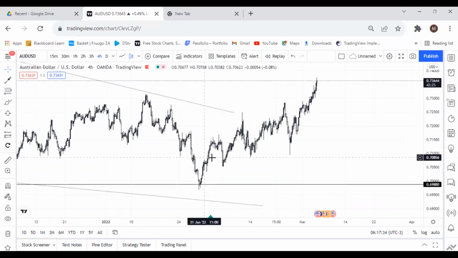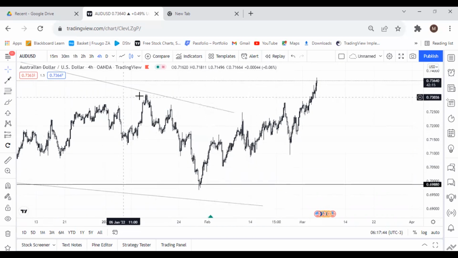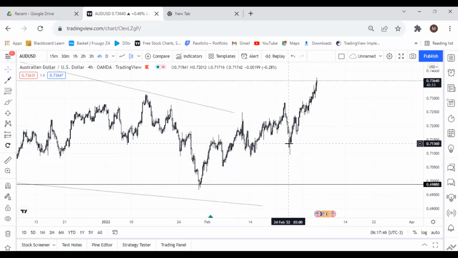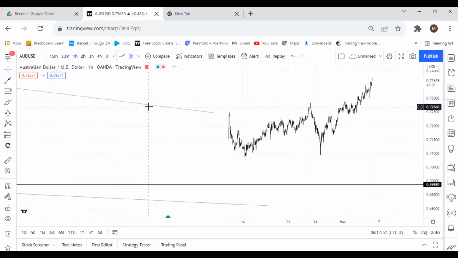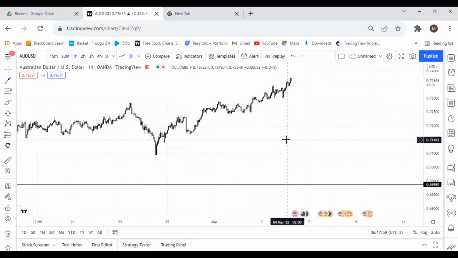We can see these impulses, but they don't make sense since the corrections themselves don't make sense. So what I did was wait all of this out, and I kept watching the market for distinct impulses and corrections. So let's just scale down to the 1 hour time frame and maybe zoom.